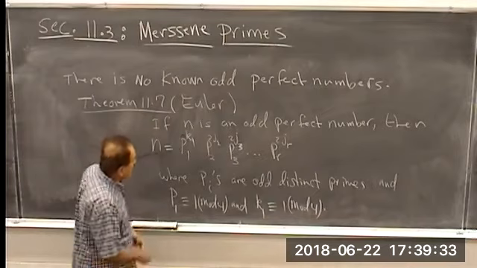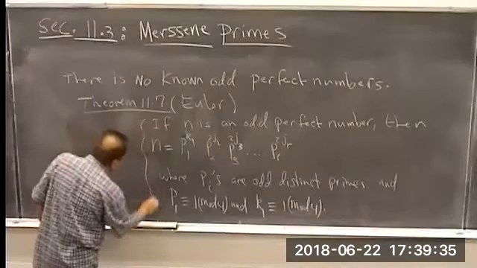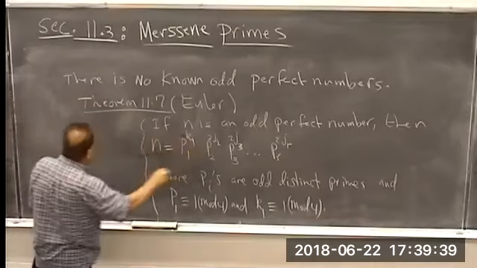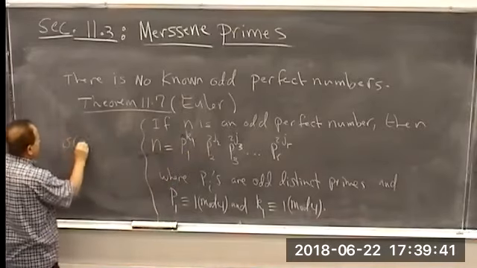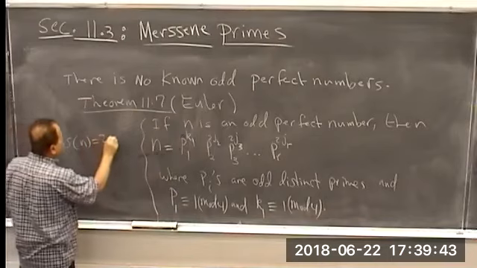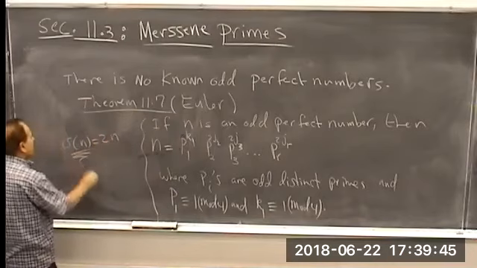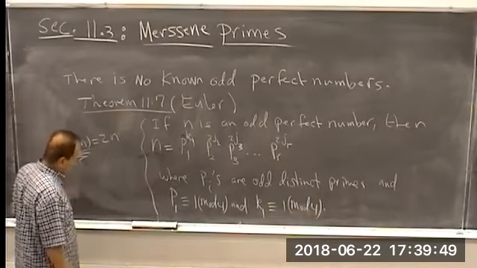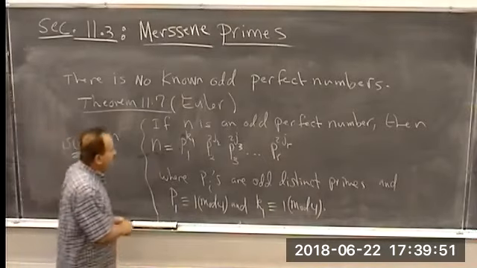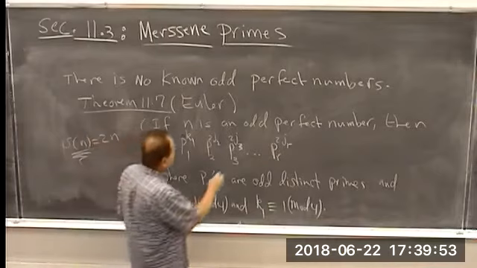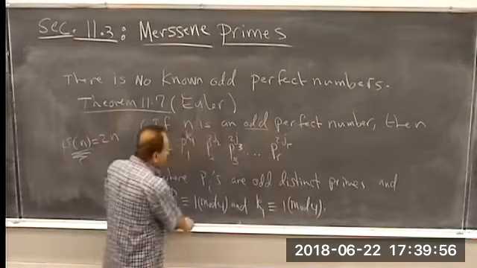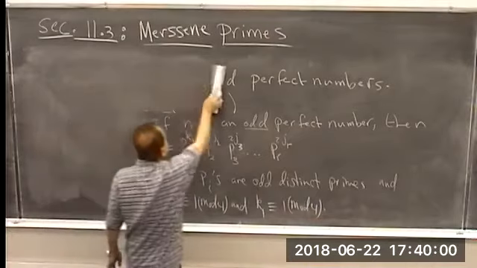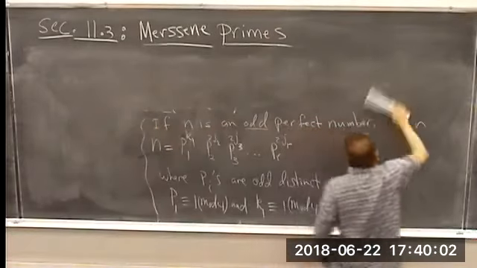The proof of this is centered on looking at, because n is a perfect number, so we're going to have sigma of n equal to 2n. So we're going to analyze divisibility with sigma of n, which is twice n. Now, remember n is also written as a product of prime powers, right? Well, first I want to start with a lemma, to break the longer proof into two pieces.